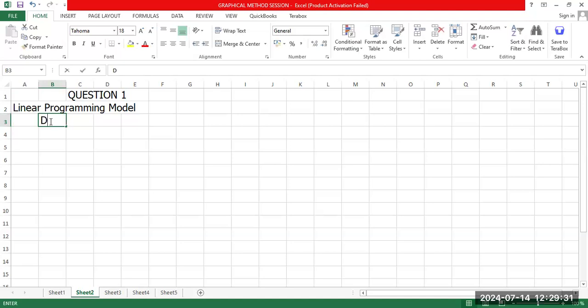Here are our decision variables for this question: M and N. That is number 1.